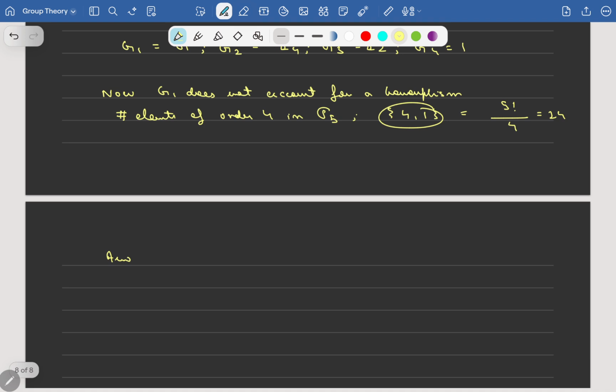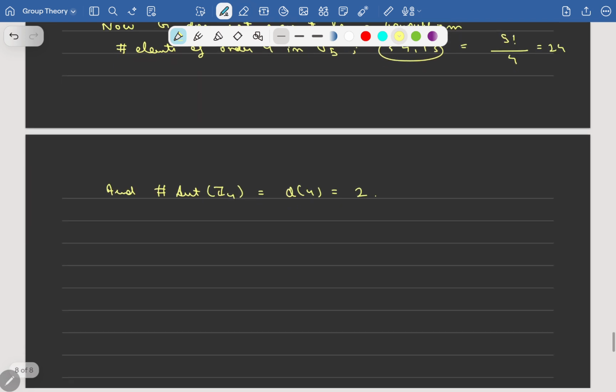and what is the order of the automorphism group of Z4? It should be phi of 4, which is 2. So we already got more than 20 homomorphisms, right?